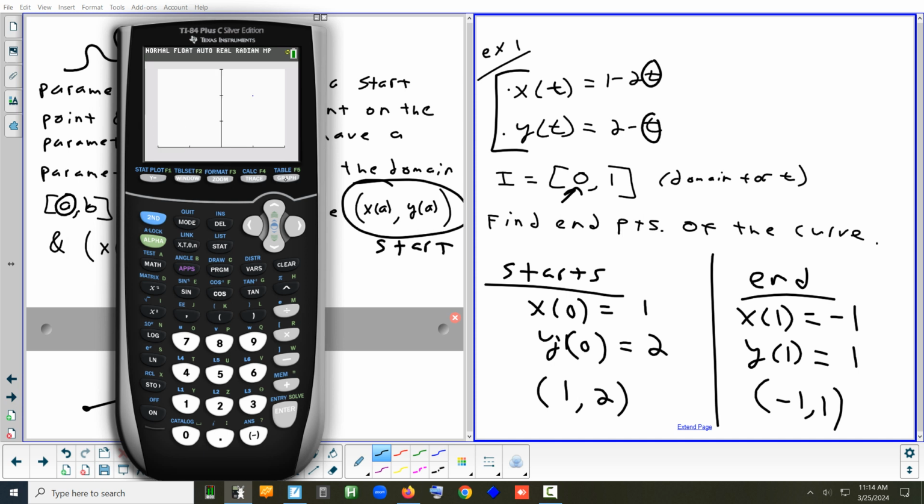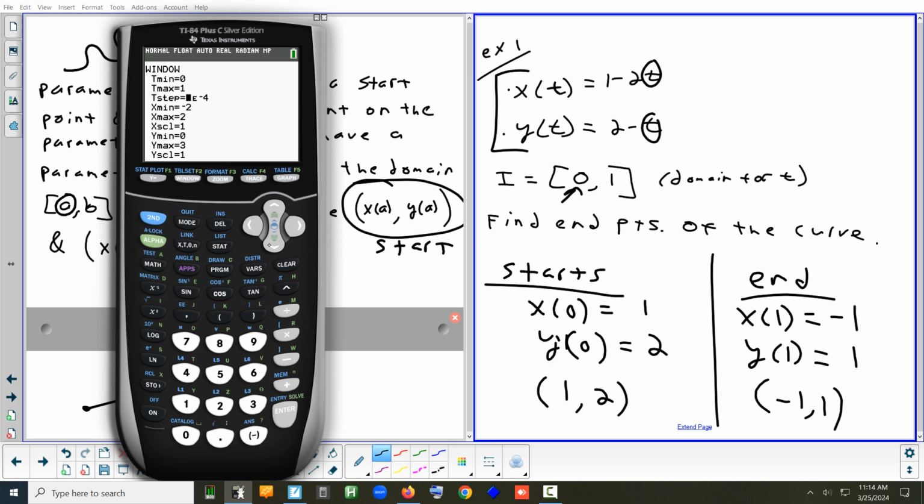Now it's going to be 10 times slower than it was before. That's not going to finish in a reasonable amount of time. You may not want to wait for that. So if you get something where it just is spinning and you want to stop it, just press second and press off and it'll stop spinning. Okay, now you can press window and you can fix it.